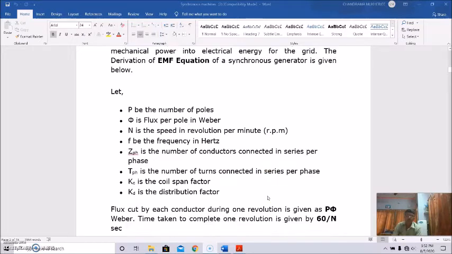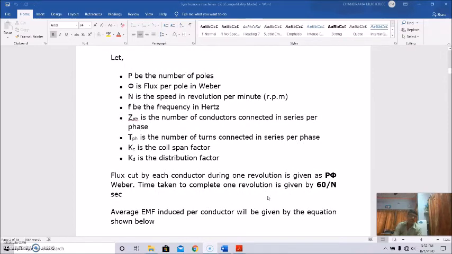The flux cut by each conductor during one revolution is P into phi, because P is the number of poles and phi is the flux per pole. So this is P phi Weber.